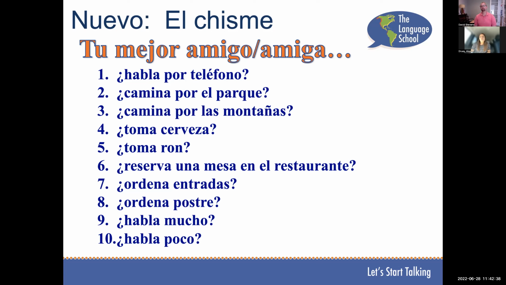Sí, mi mejor amiga ordena postre. ¿Habla mucho? Sí, mi mejor amiga habla mucho. ¿Habla poco? Sí, mi mejor amiga habla poco.